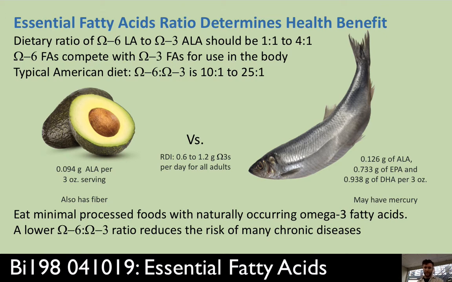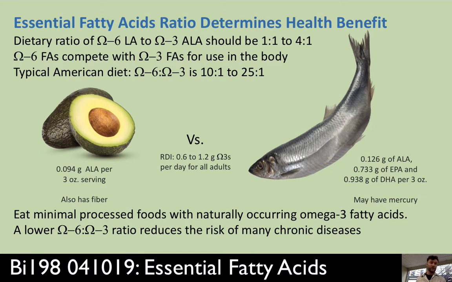Yeah, there is a little bit of mercury. So, yeah, fish is hard to beat. A cold water, oily, small fish is really hard to beat in terms of the lipid profile that you get. Not only are you getting a comparable gram per gram amount of the ALA.